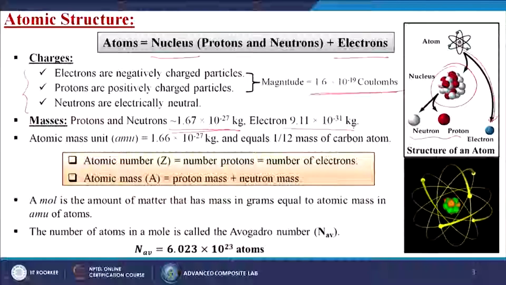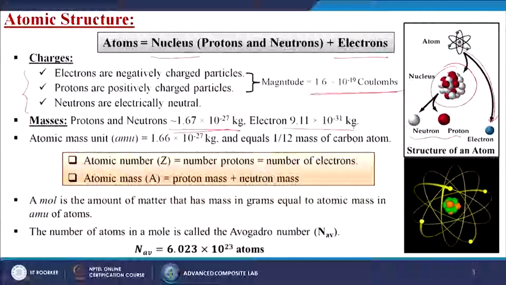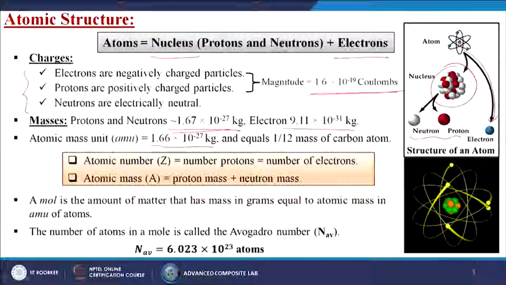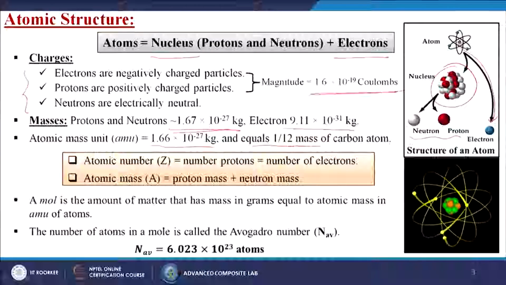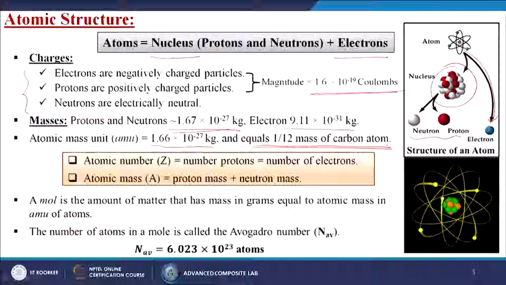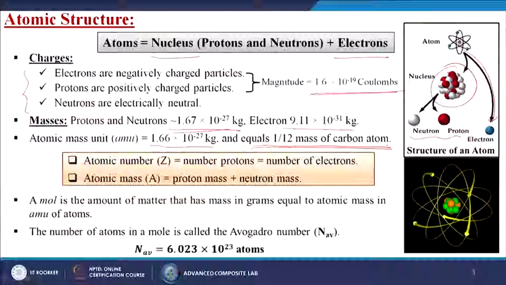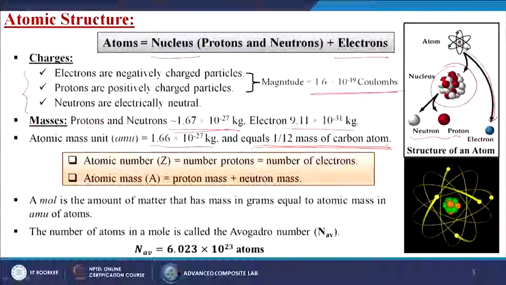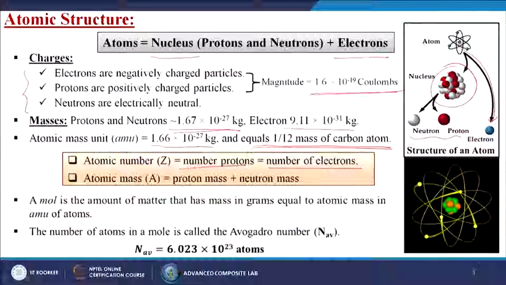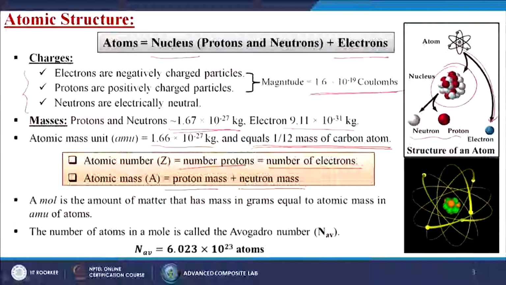What is the atomic mass unit, or AMU? It is 1.66 × 10^-27 kg, which equals 1/12 of the mass of a carbon atom. What is the atomic number? It is denoted by the number of protons, which is equal to the number of electrons. What is the atomic mass? It is the proton mass plus the neutron mass.